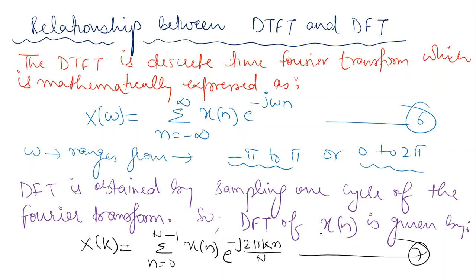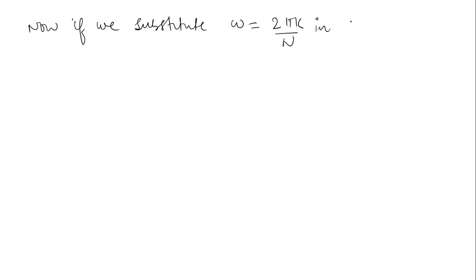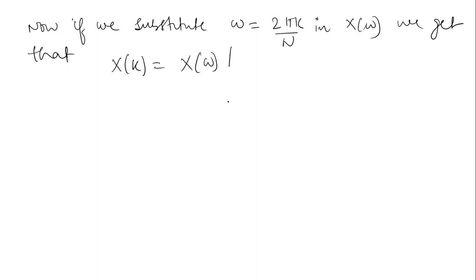So this is, let us say, 7. Now if we substitute omega is equal to 2 pi k / N in X(omega), we get that X(k) is equal to X(omega) at omega is equal to 2 pi k / N. So this is, let us say, 8.